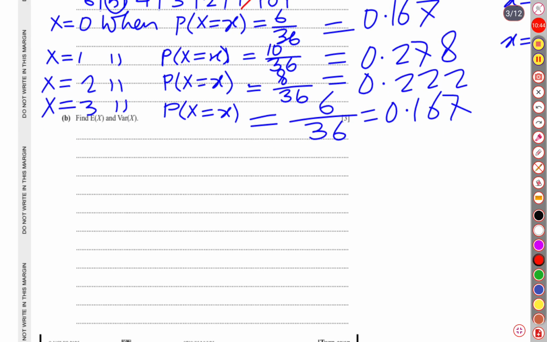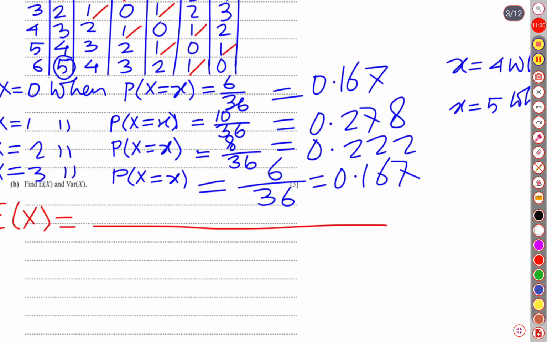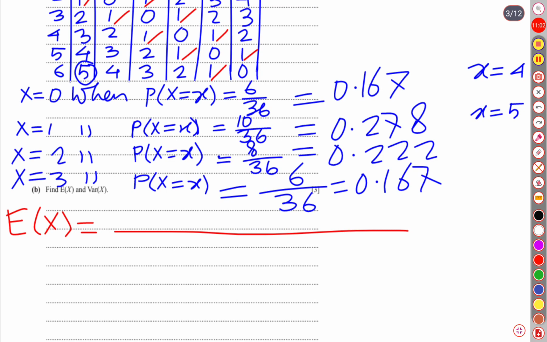E(X). Let me change the color of the ink. We know E(X) is actually the mean value. So how can we find the mean? Our denominator in all cases is 36. Look at this, it is just 36 in every case.